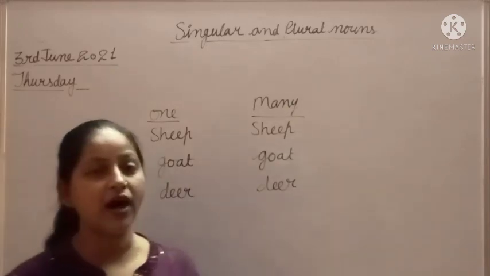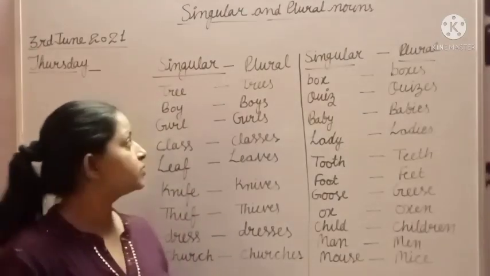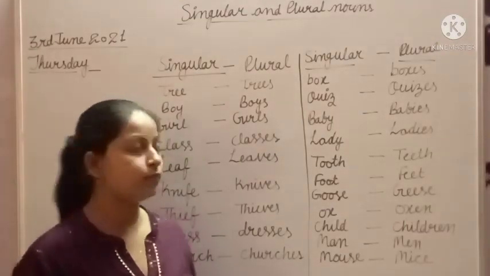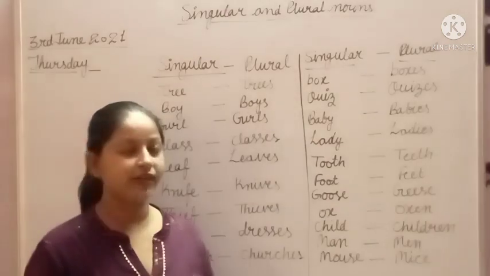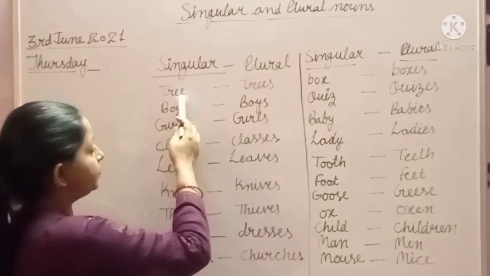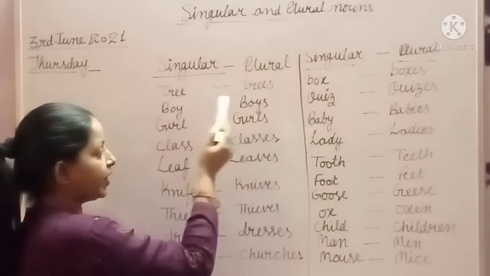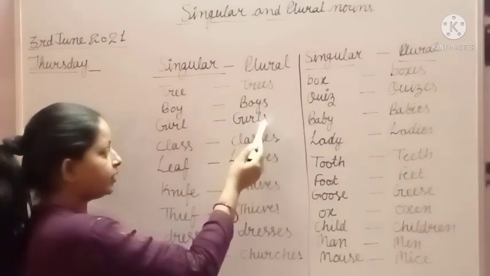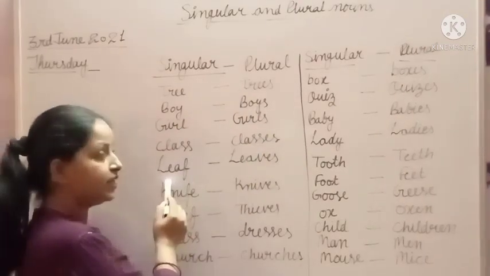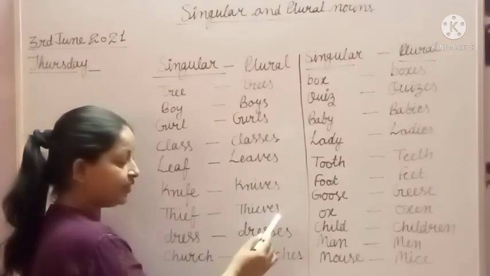So students, now I will write some plurals and singulars on the board, and you have to write them in your notebook. Now I will read them to you. Tree, trees. Boy, boys. Girl, girls. Class, classes. Leaf, leaves. Knife, knives. Thief, thieves.